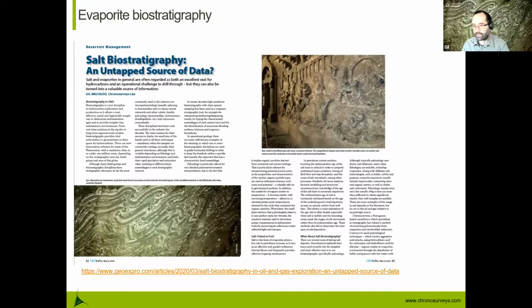What we can say with the biostratigraphy is have an idea of the paleoenvironment of deposition. Where exactly the brine comes from would be more difficult, and I think geochemistry will probably be more useful for that. Now, if you find marine palynomorphs, then you are sure that at least some of that brine has a marine origin.